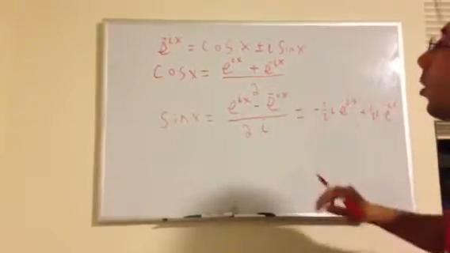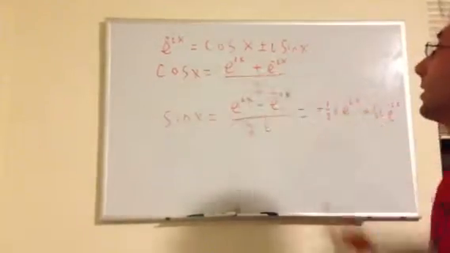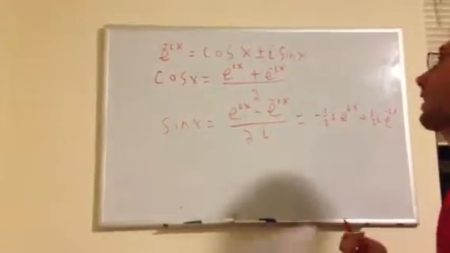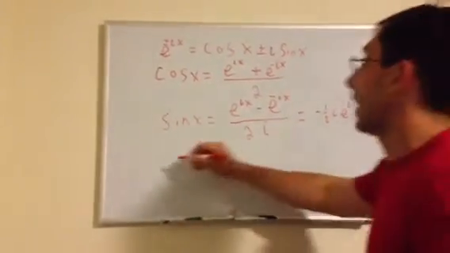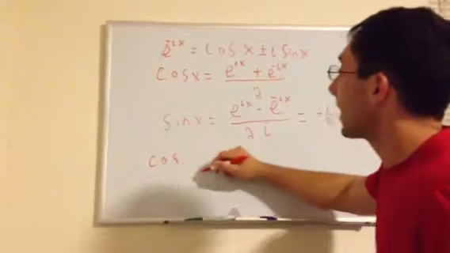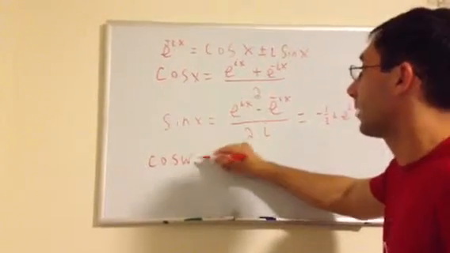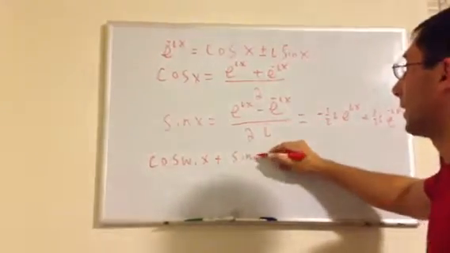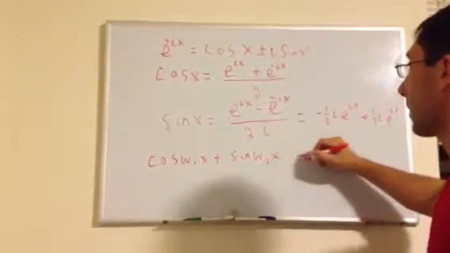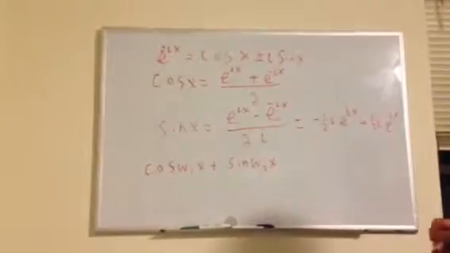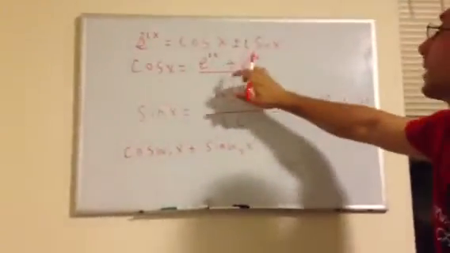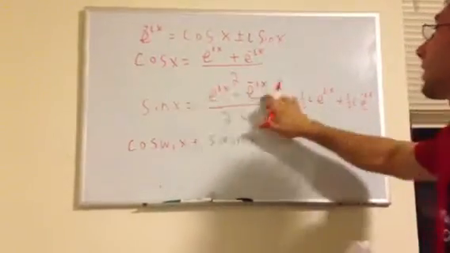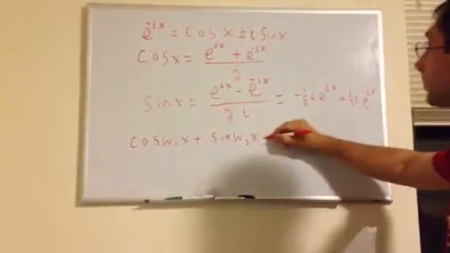So let's say hypothetically that I had cosine omega 1x plus sine omega 2x. When I added them together, I would get these, if you will, four terms added together.